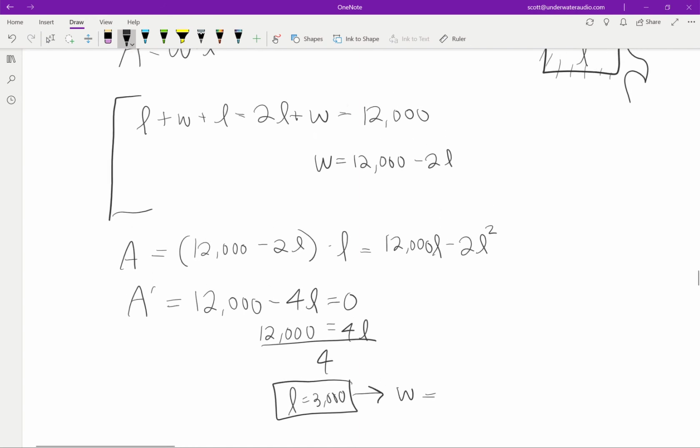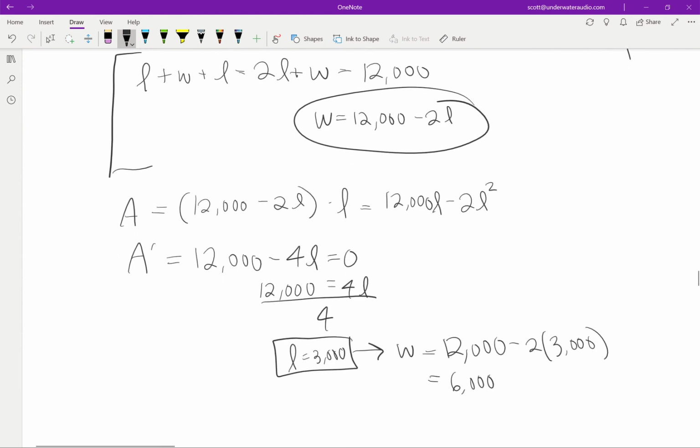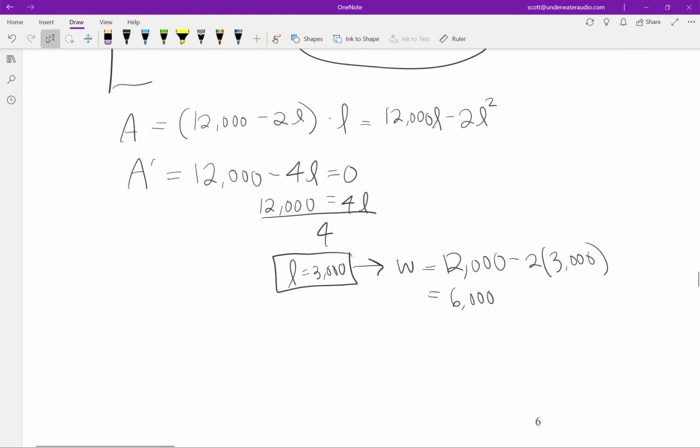And we found that W was equal to 12,000 minus 2 times L, which is 3,000. So that's 12,000 minus 6,000, or just regular 6,000. And then to find the area is going to equal 3,000 times 6,000.